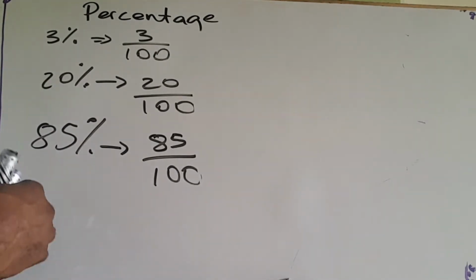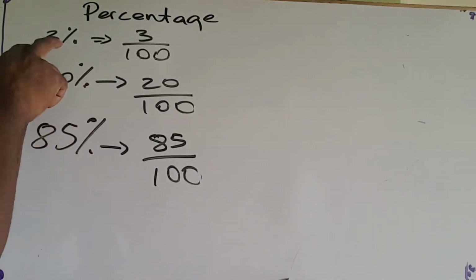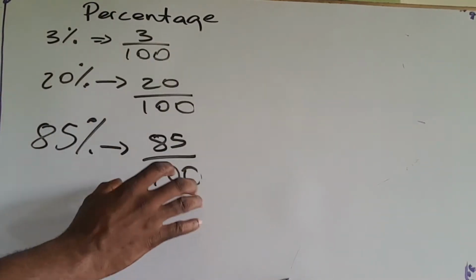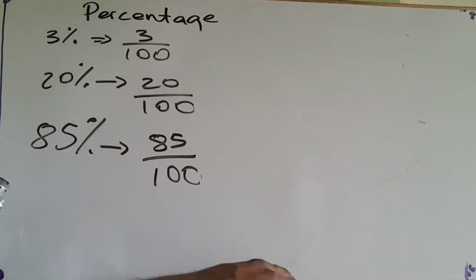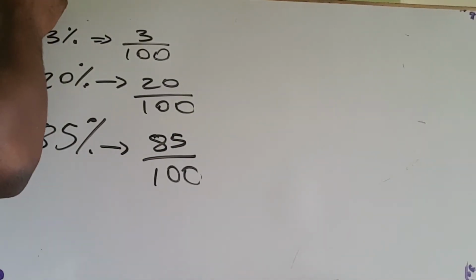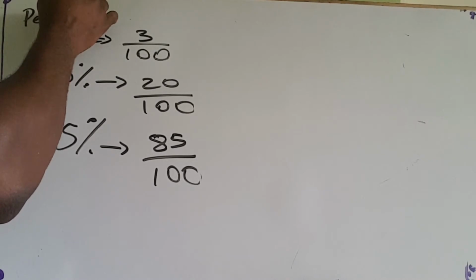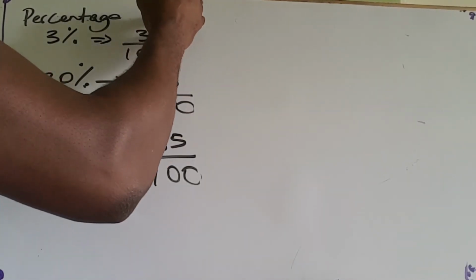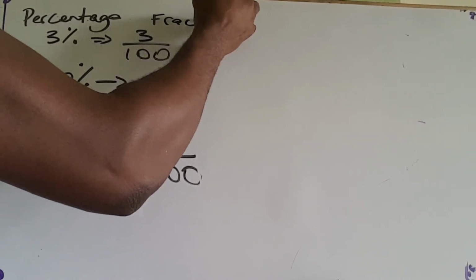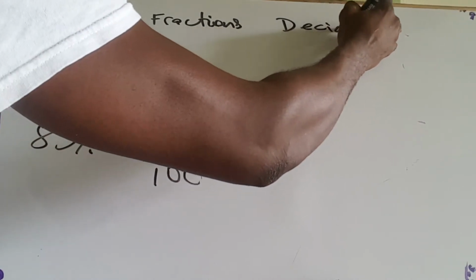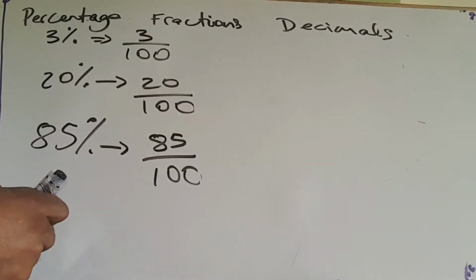Another thing is we could change from percentage, we could look at it as a fraction. We also could look at it as a decimal. So if we look at this, we're changing from percentage and we're writing it as fractions. And we could go further, we could change these fractions to decimals.